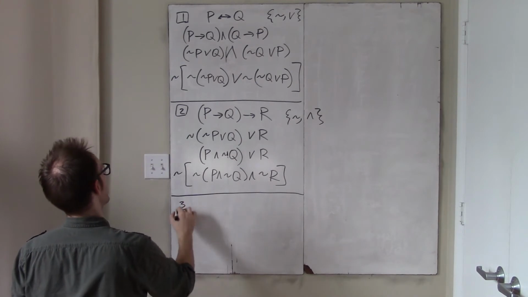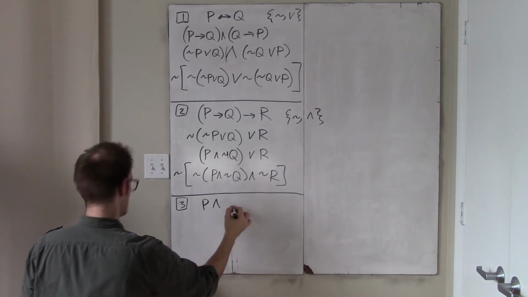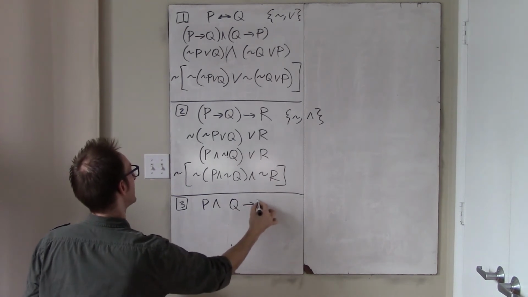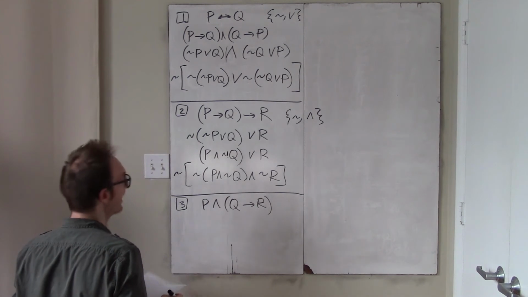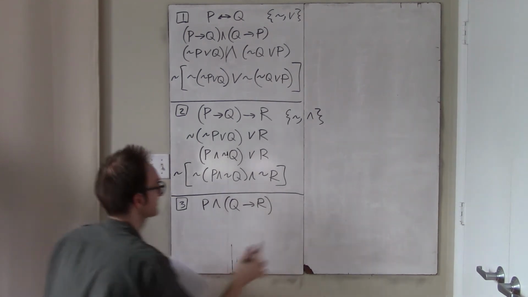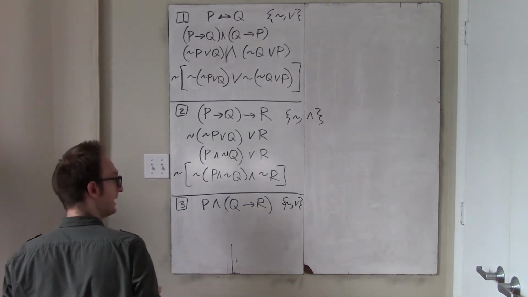But okay, pushing on, P and Q arrow R. Well, how should I do? Oh, I'm supposed to do just nots and ors. Okay, that doesn't seem too hard. Let's see.